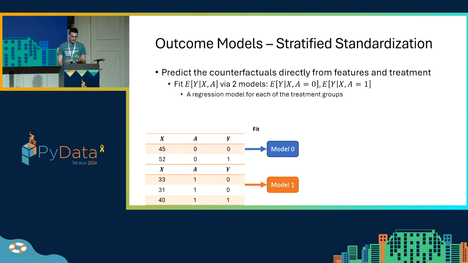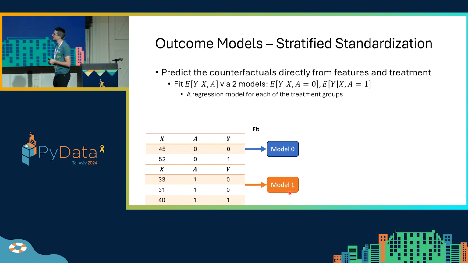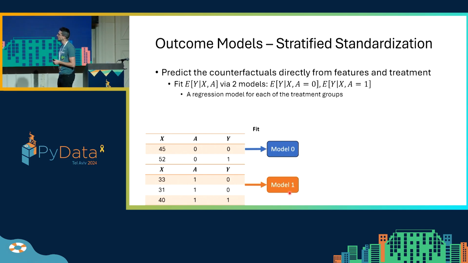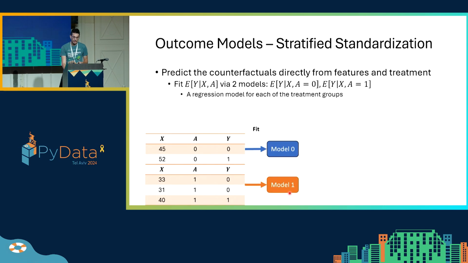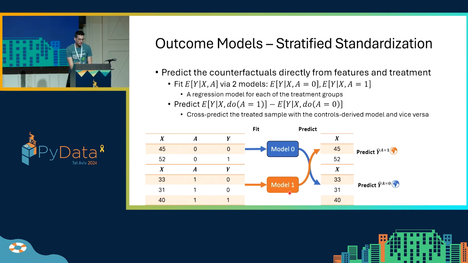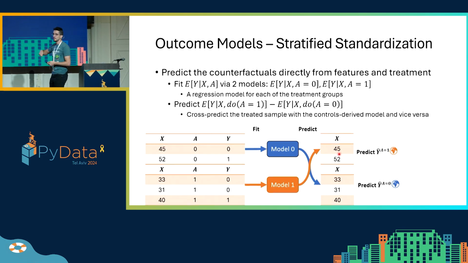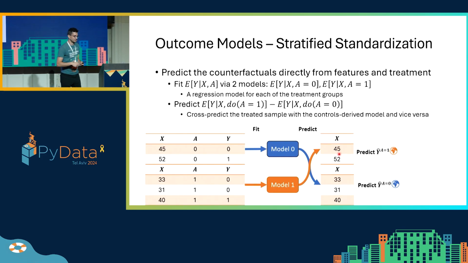Right, the model for the treated captures the correlation between the features and the outcome among those who are treated. And now when we want to make a guess, we simply cross the prediction, right? We pass those untreated through the model that was trained on the treatment group, and now we can predict what would have been their outcome had they been treated.